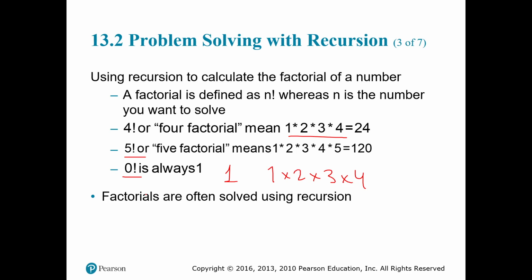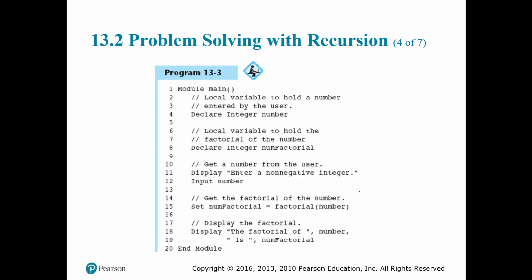As I said, factorials are often solved using recursion just because it's way easier to solve those with recursion than just by writing a loop. Here's an example of how you would use recursion to solve a factorial, and it's just a simple little piece of code right here.